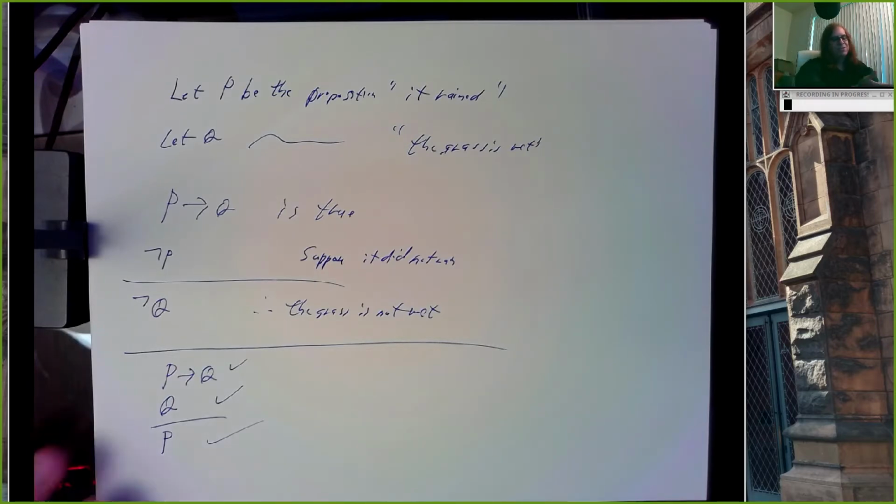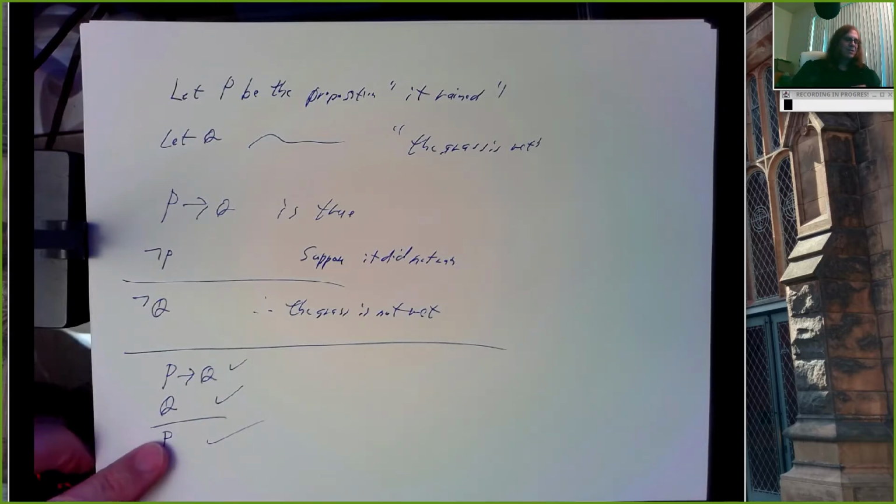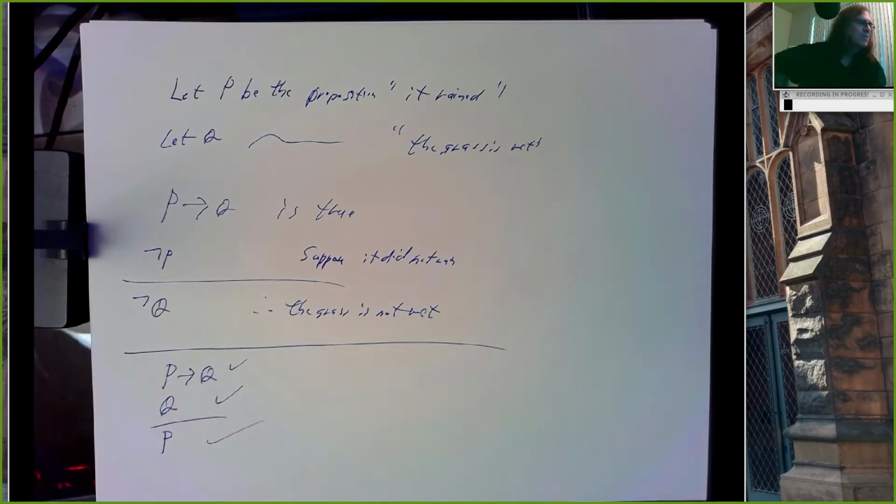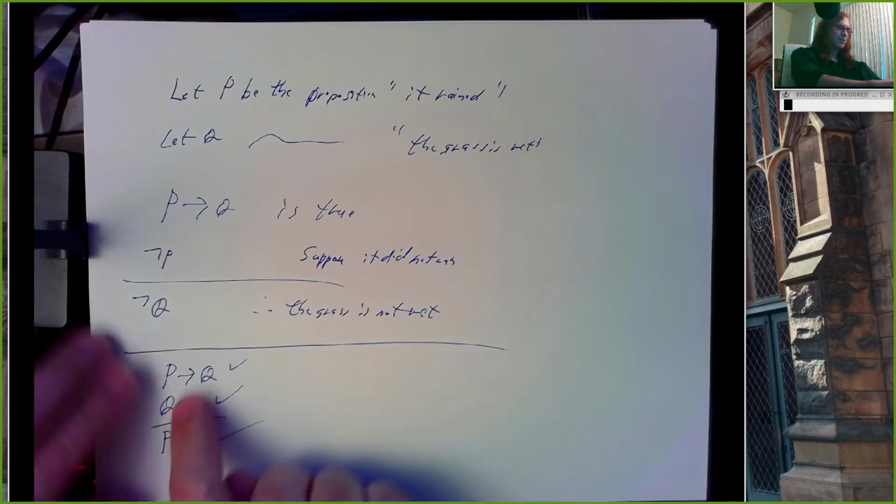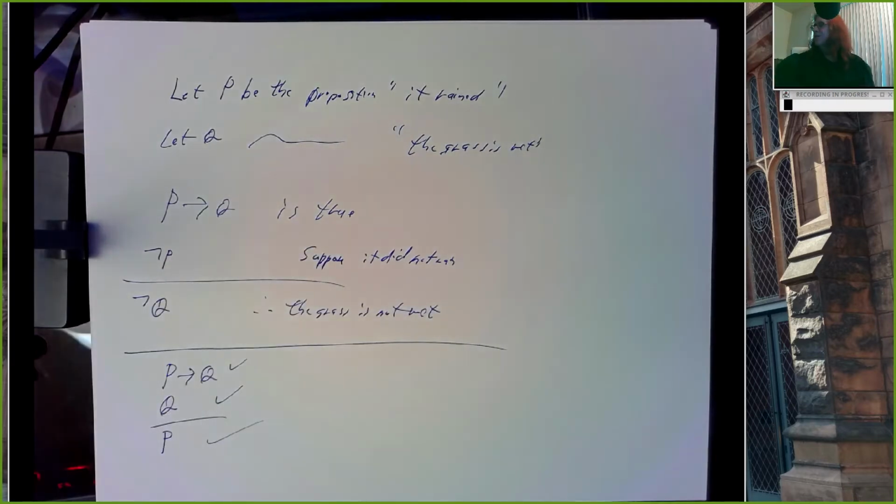It could be that P is true. It could be that it also rained, and that's why the grass was wet. But it could be that it didn't rain, but the grass is still wet. So that's what those are, sort of picking your own versions of P and Q, and further convincing yourself that this does not follow from those.